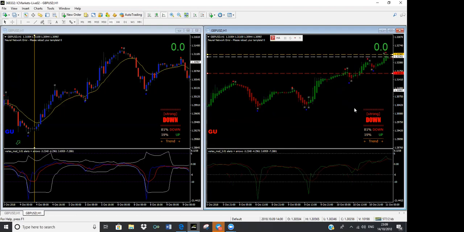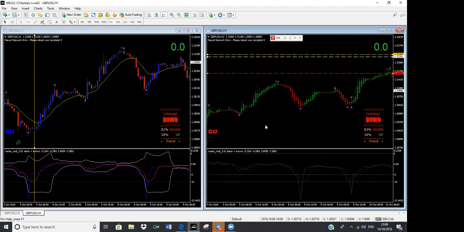I could have used TDI to do the same crossing. If I was to add my TDI here, we'll see the same crossing on the TDI at the same time as the vortex. But the thing that the TDI doesn't give you is the trades. They're not always at the right place.